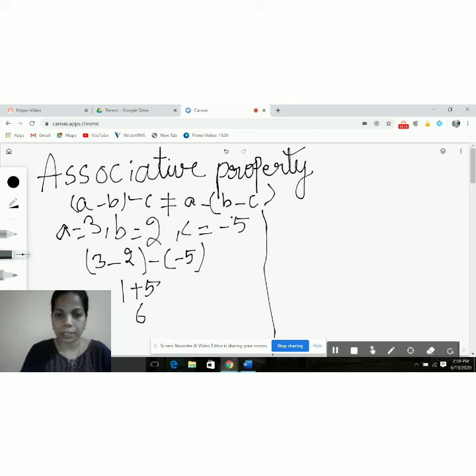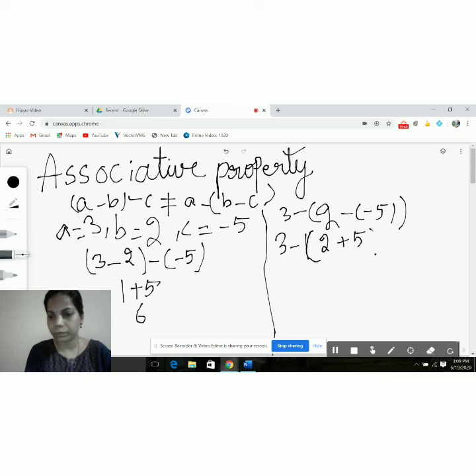Now we'll take the RHS, (a minus b) minus c. What is a? 3. Minus b, 2. Minus, what is c? Minus 5. So 3 minus 2 is 1, minus into minus plus 5. 1 plus 5 is 6. Now the LHS is 3 minus 7, one negative integer and one positive integer.